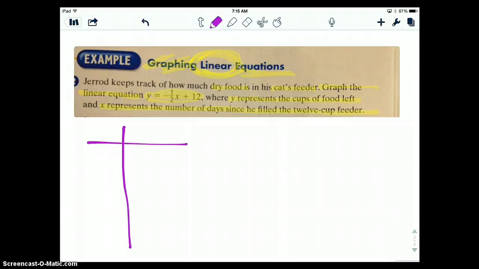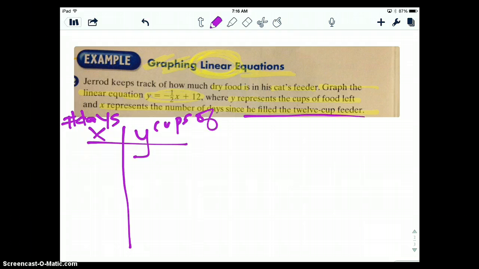So a table of values where I have X representing the number of days since he filled the 12-cup feeder. And then Y representing the cups of food left. Cups of food left over. So if we go to 0 right now, how many cups of food are supposed to be in there?